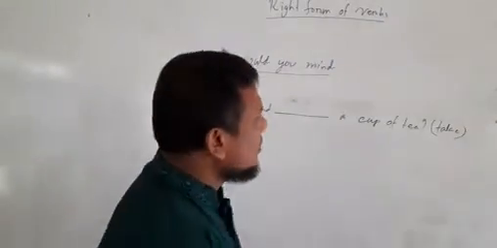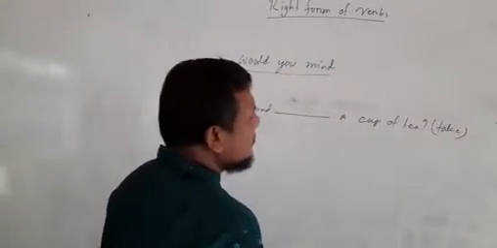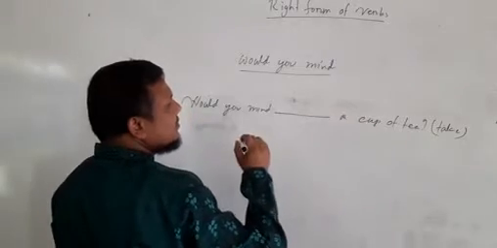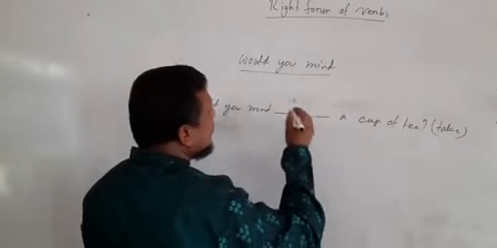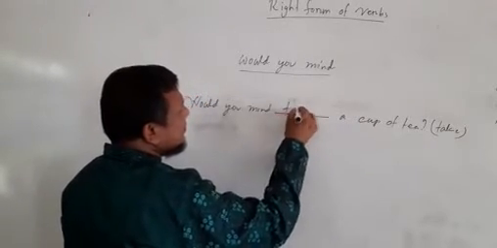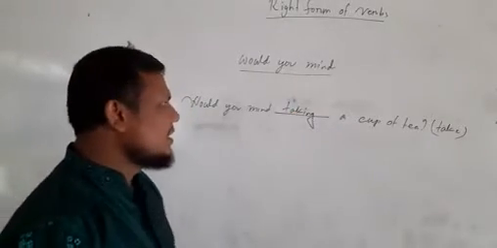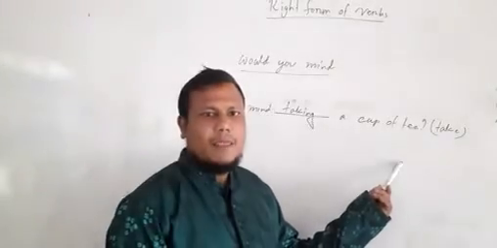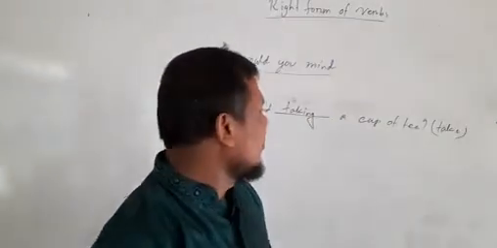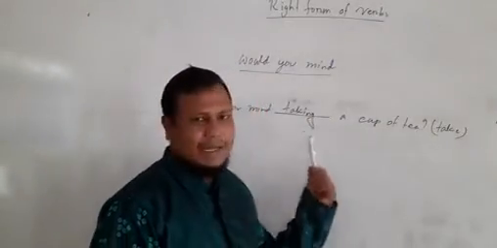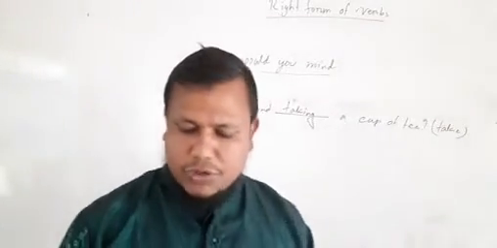So you can fill in the gap by using take with ing, taking, T-A-K-I-N-G. Would you mind taking a cup of tea? In this way, you can fill in any gaps by using would you mind.